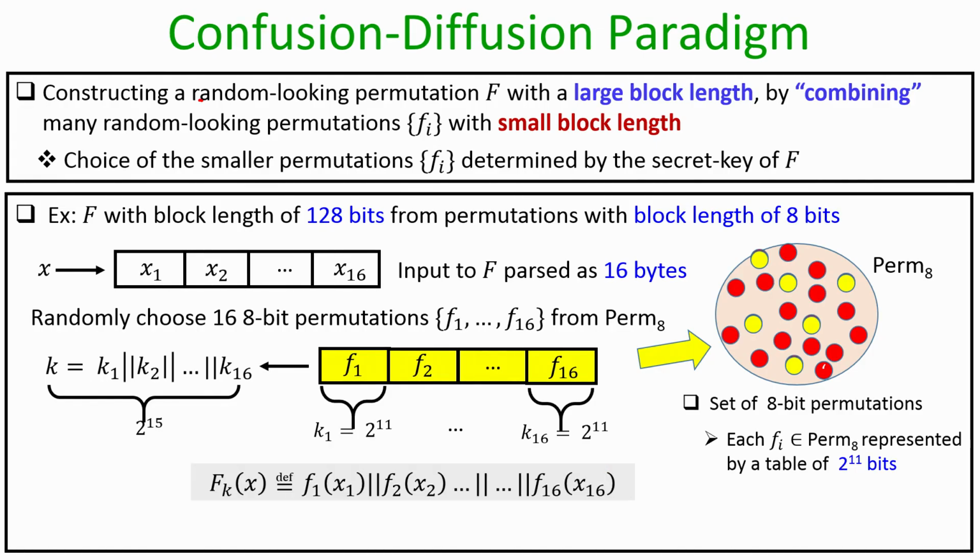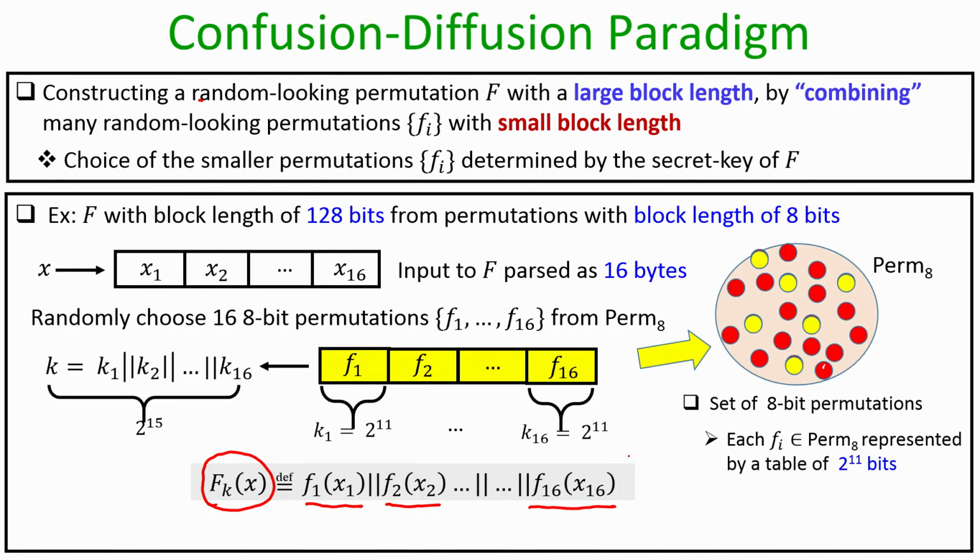And once I have decided the value of the key, the output of the keyed function F_k on the input x is determined to be the value of the first small-sized permutation f1 operated on the first byte, concatenated with the value of the second smaller permutation f2 on the second byte of the input x, and like that the value of the 16th smaller permutation on the 16th byte of the input.